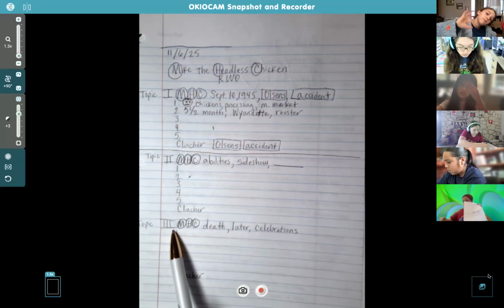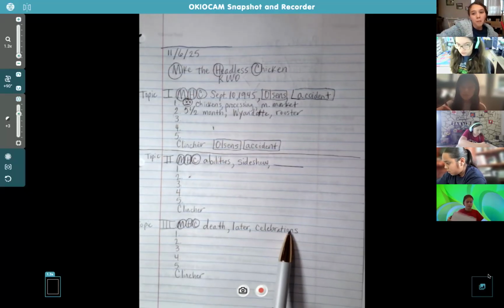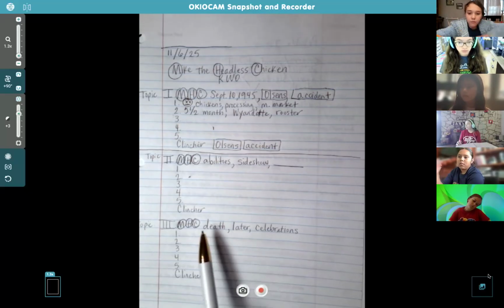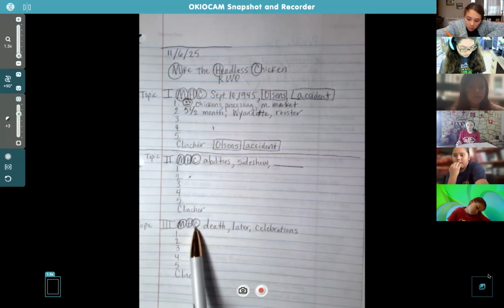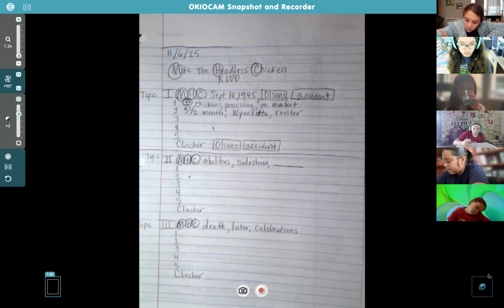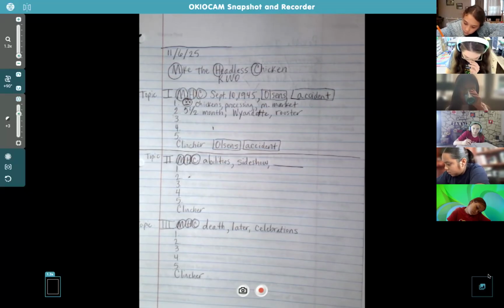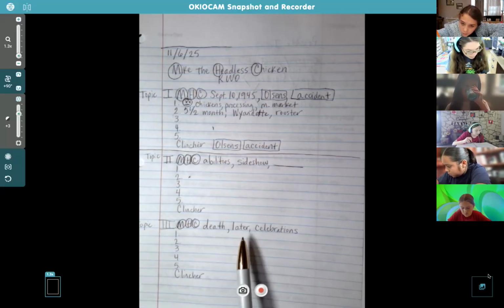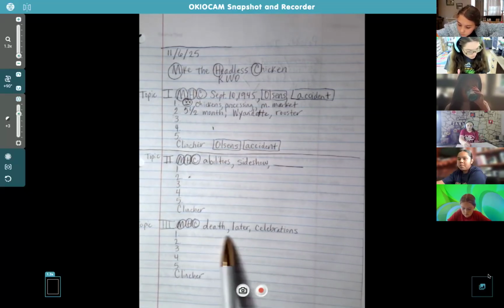And then Roman numeral 3, this is what I put, but you guys can put what you want, okay? You don't have to copy this, but I have MHC again, his death, and then I just put later celebrations. So I just think that's kind of cool that they celebrate his life, especially in Colorado, because that's where he lived. That's where he was from. So it's kind of fun to write about that.